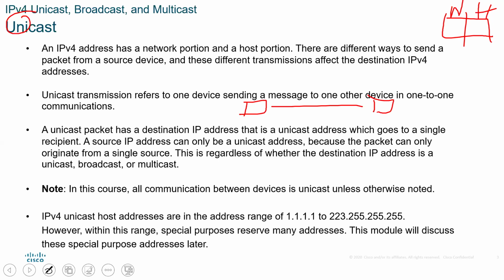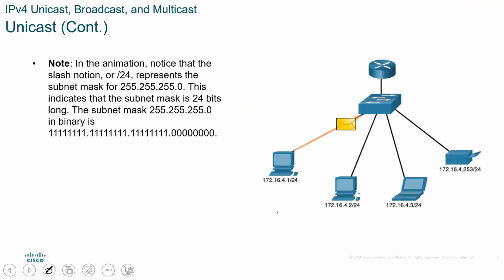Okay, so IP version 4 unicast host addresses are in the address range of 1.1.1.1 to this particular number. It may look strange at first, but very soon you will see that it's not really strange. Within this range, there are special purpose addresses reserved, and for this particular module, we will discuss some of these special addresses much later.